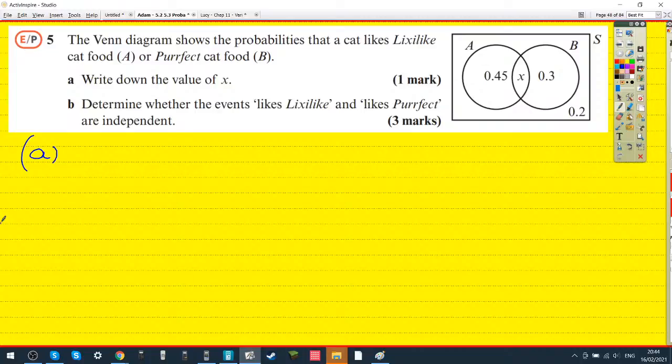So for this, would you just do 0.3 plus 0.45 plus 0.2 minus from 1? Yep.